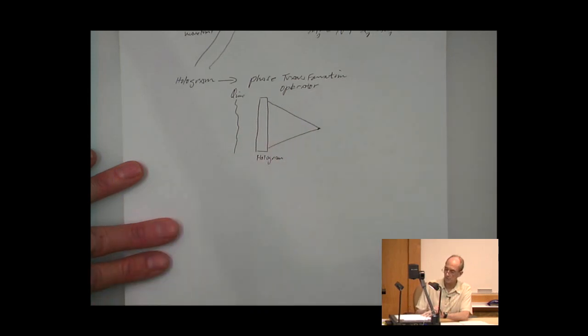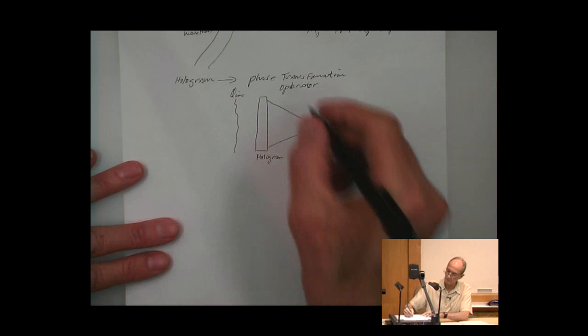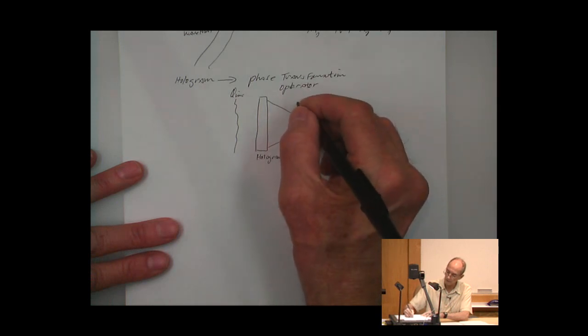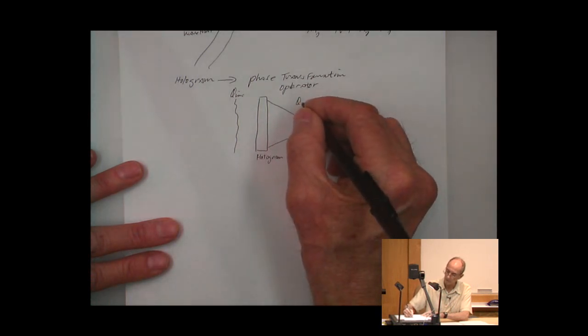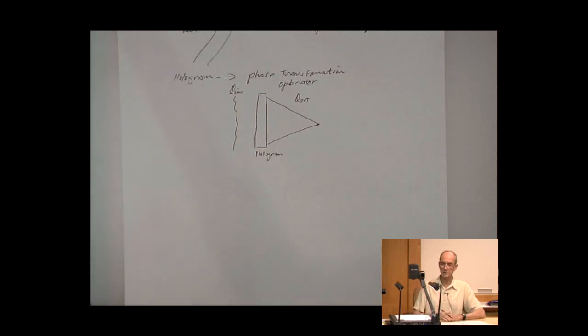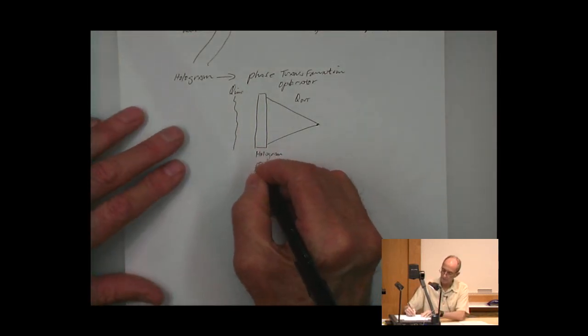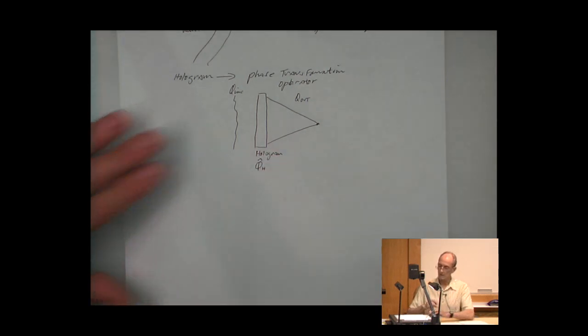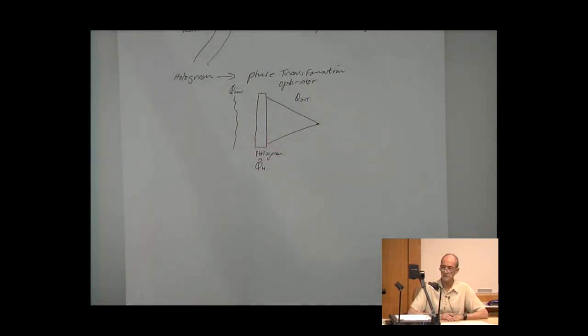If we make a recording with a second beam, we end up with an output phase which looks nothing like the input phase. So we can think of this hologram again as a phase transformation operator in which we transform whatever input phase that we have to a prescribed output phase, all right?